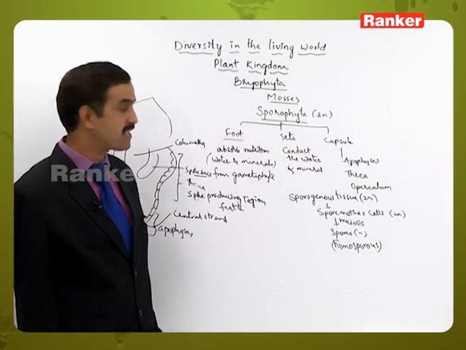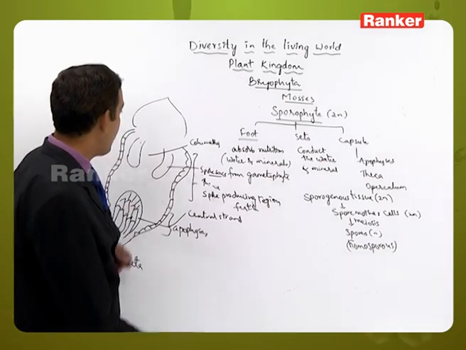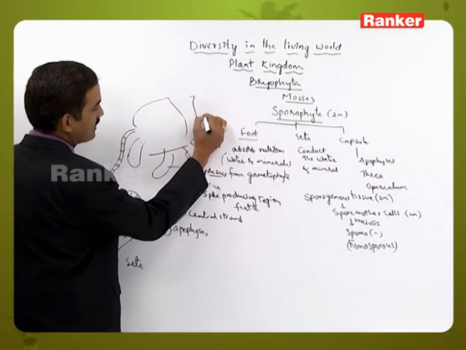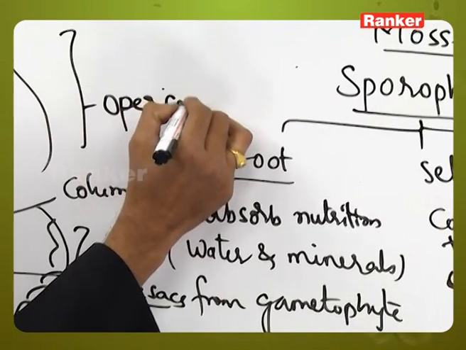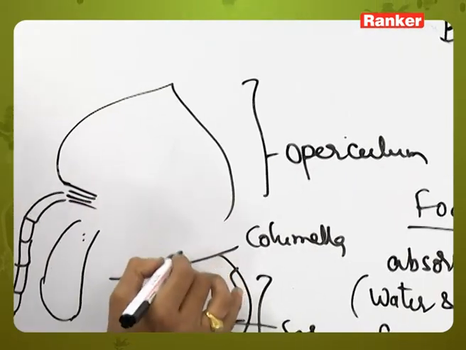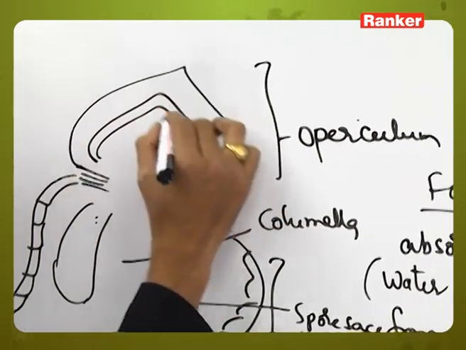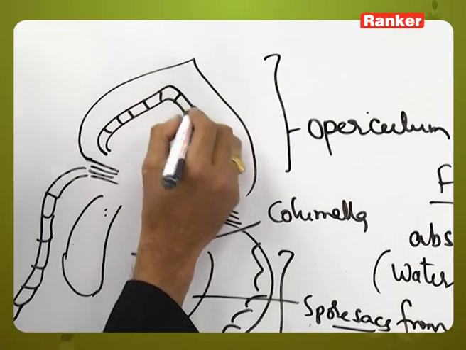Almost all the bryophytes, not only the mosses but all the bryophytes, are homosporous in nature, and this part is called the operculum or the lid. This part contains some special structures which help in dispersal. That is called the peristomial teeth.